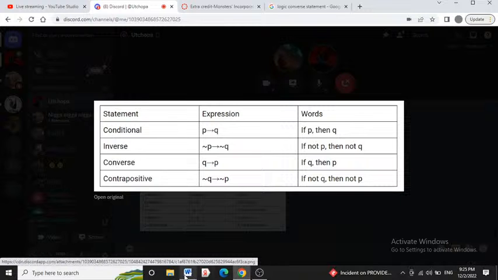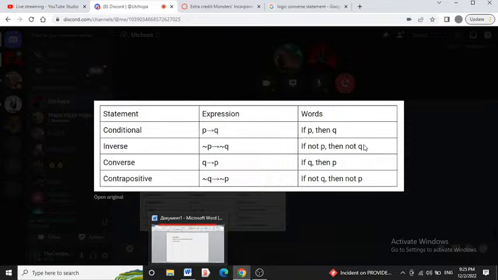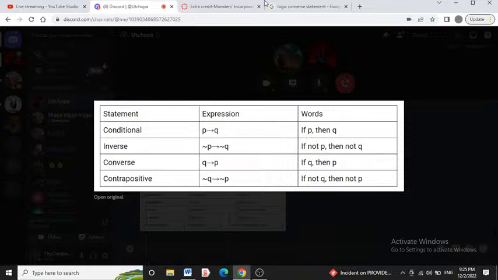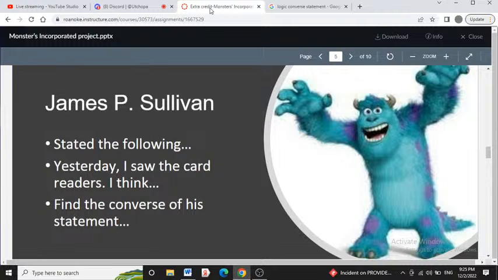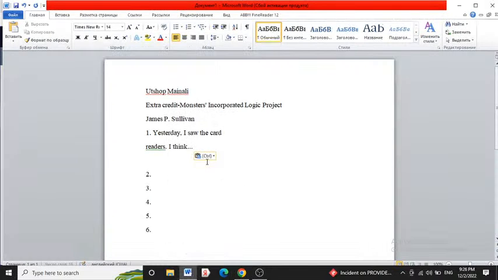So the statement given as the example with Sullivan was: yesterday I saw the card readers, I think. I'm going to copy this statement over here into Word, and move this around so it's one sentence.